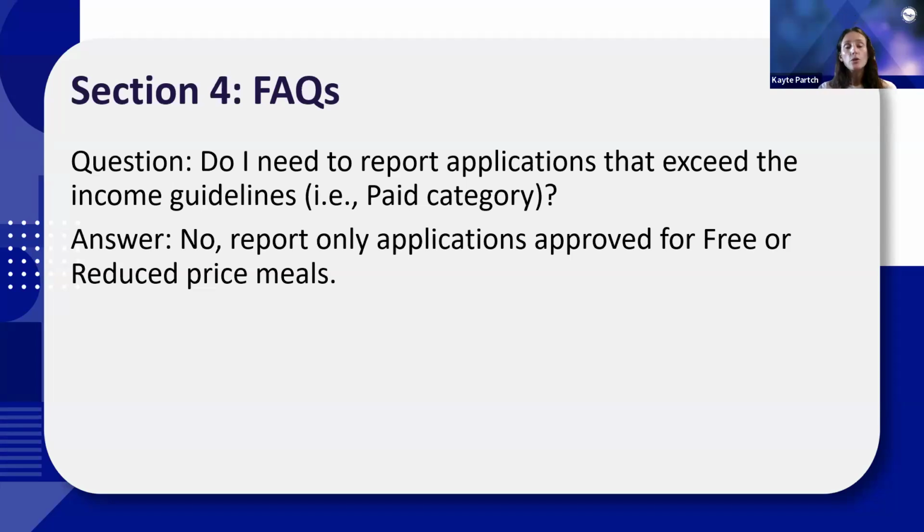So you're not going to include any information or data that would reflect these kinds of applications in the report. The verification report asks you to provide information only for students' households' applications from which a meal benefit was derived and then given to students.